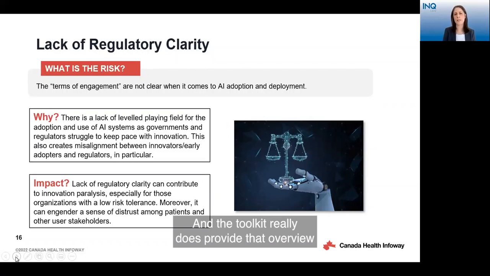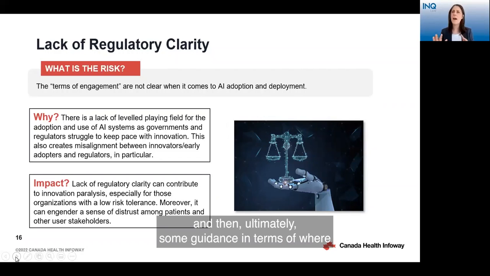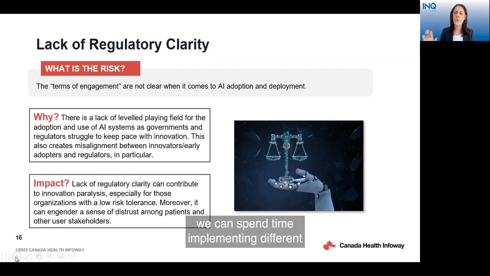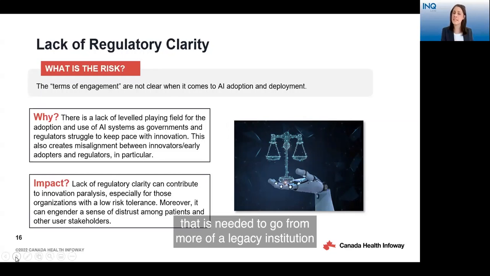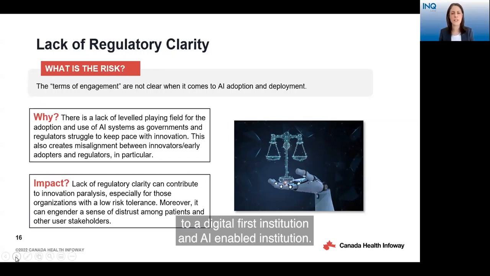And the toolkit really does provide that overview of key questions that you need to be asking, key individuals you need to draw from, some examples and ideas of how to organize, and then ultimately some guidance in terms of where we can spend time implementing different initiatives, different training modules that are really important, particularly in the early stages, the change management process that is needed to go from more of a legacy institution to a digital first institution and AI enabled institution.